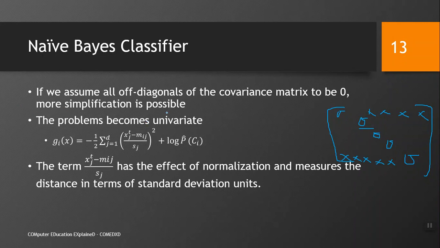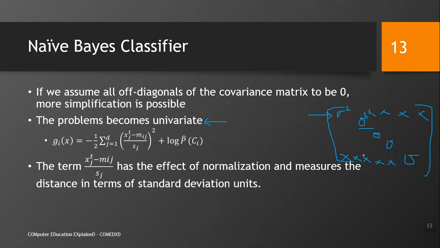More simplification is possible. If this is the case, the problem becomes univariate. It is very interesting. Can you see how it becomes univariate? Because there are no covariances, only the variances exist, and variance is between the same variable. Right.